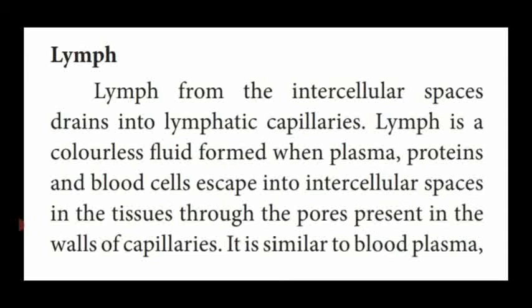That means lymph is another type of liquid which is formed when plasma, proteins and blood cells escape into the intercellular spaces in the tissues through the pores present in the wall of capillaries. So this lymph is similar to the blood plasma.